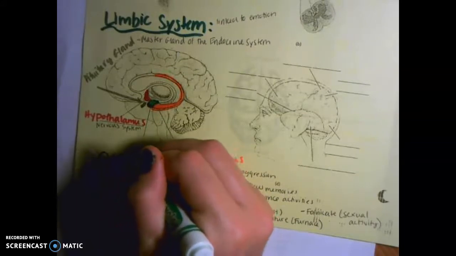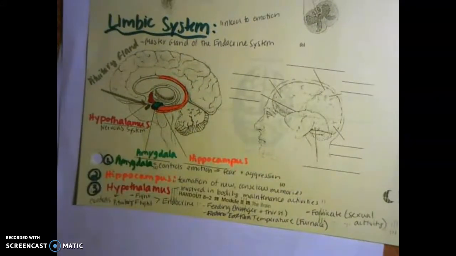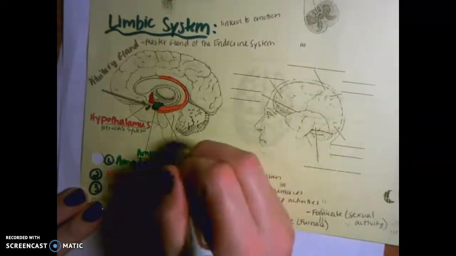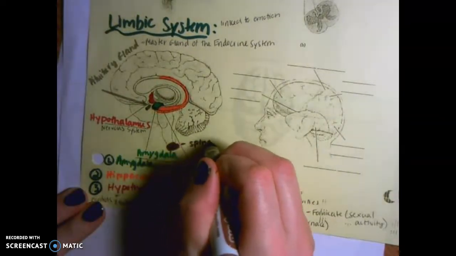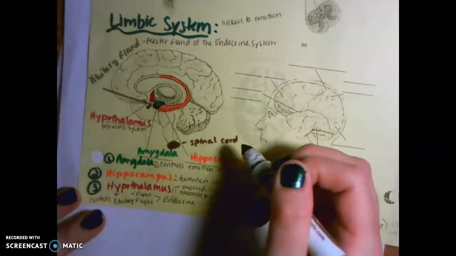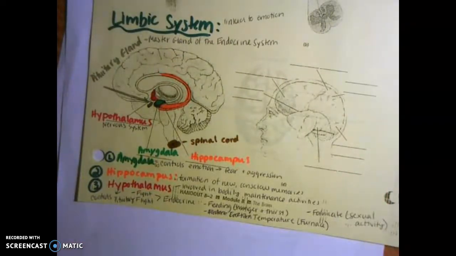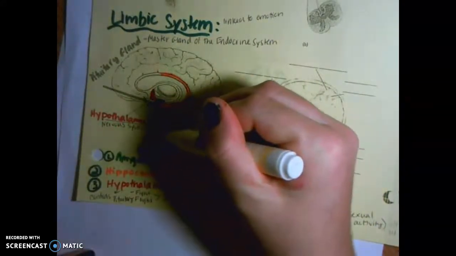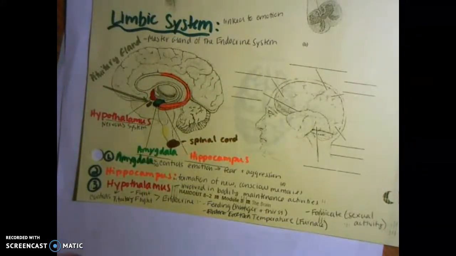I'll put that in marker so it all matches. Okay. Let's do a quick review though of the older structures of the brain, right? So at the base right here, this would be your spinal cord thickening, right, as it goes up, right behind the formation of your skull. If you think about this very first bump out, if you will, right here, it's hard to see because I used a yellow marker.